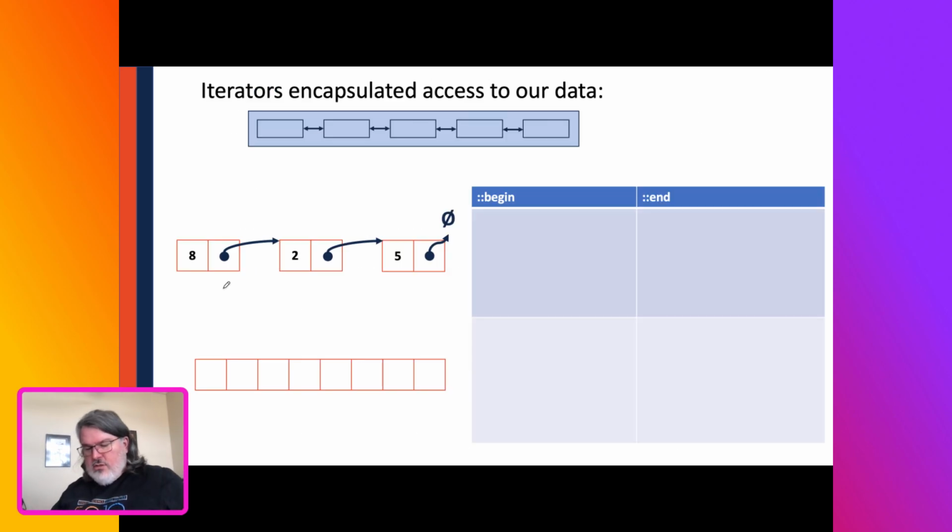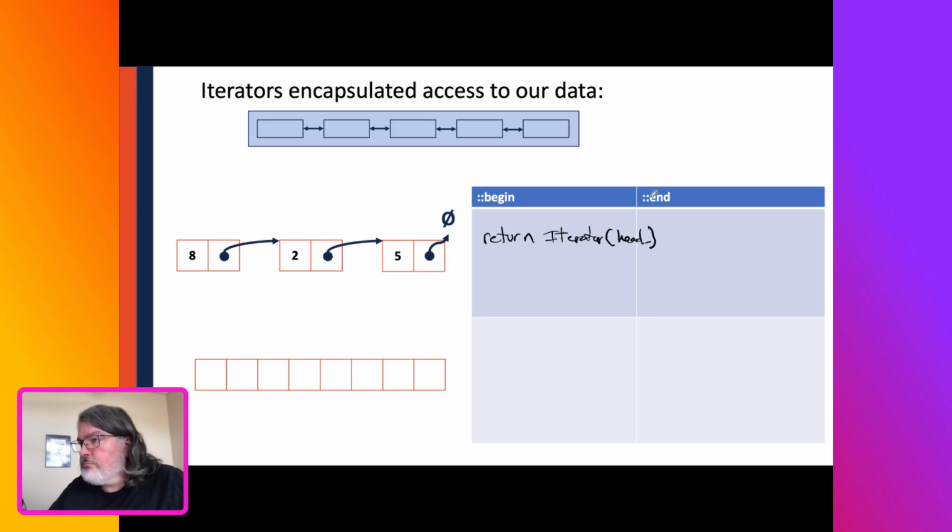We're going to have an iterator that's going to have a private member value that is presumably a pointer, right? A list node pointer. So begin is going to return an iterator constructed out of head.